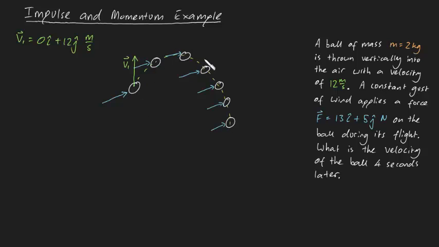This is our ball flying throughout its path, and the force due to the wind is acting on it the entire way through. We've also got the force due to gravity. So let me slow down here. We've got our force due to the wind, given by 13i plus 5j newtons, but we've also got a force due to gravity. In order to find out which forces are acting on this particle, let me draw the particle at some instant.